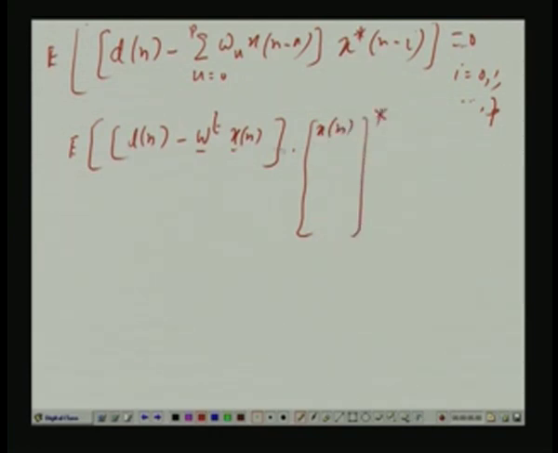If you multiply by x n star, that should be 0. If you multiply by x n minus 1 star, that also should be 0, because of that orthogonality. If you go finally up to x n minus p star, again that should be equal to 0. But what is this vector? This is the x n vector again.